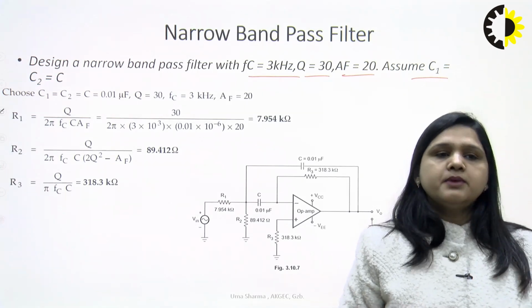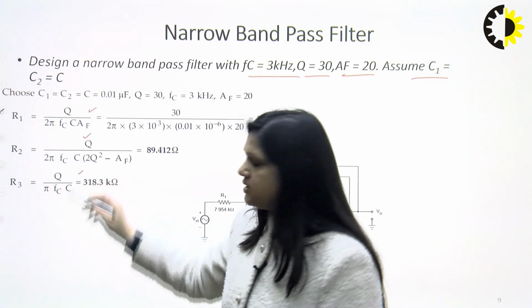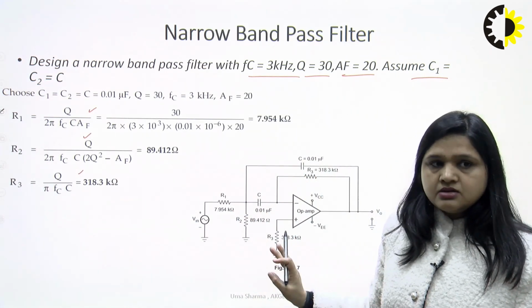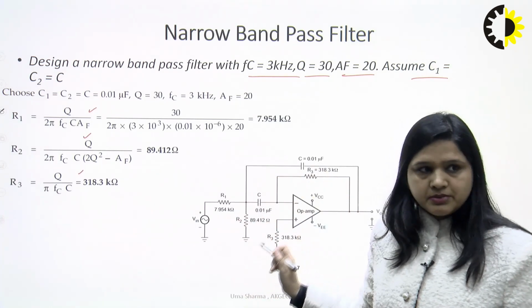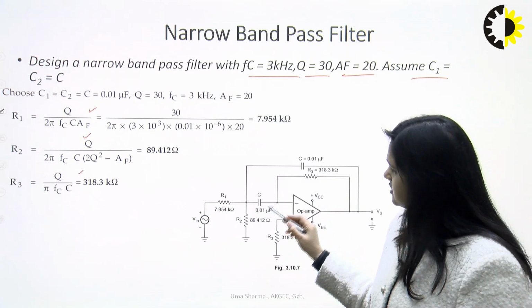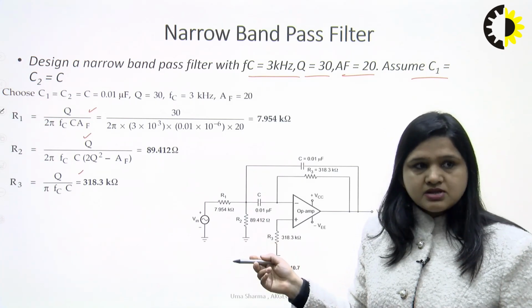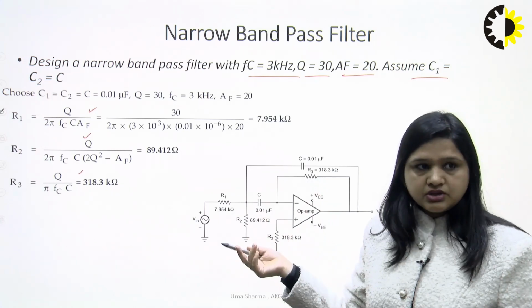So for the narrow band pass filter, you have to learn these formulas for R1, R2, R3. This is a totally different design. This is not based on high pass and low pass filters. So first of all, you have to remember the circuit, and from this diagram you can see that there are 2 C and 2 R for the frequency selective network, and R1 and R3 are responsible for the gain.